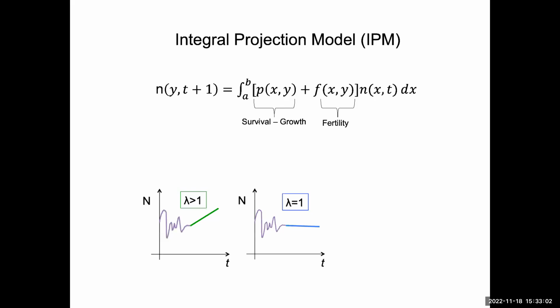We use this formula to estimate the population growth rate that we usually call lambda. When lambda is more than 1, the population is projected to increase over the long term. When lambda is equal to 1, the population is projected to be constant over the long term. And when lambda is less than 1, the population is projected to decrease over the long term.